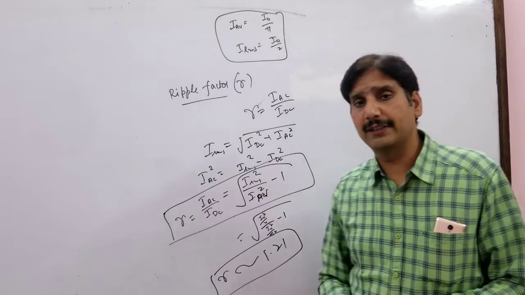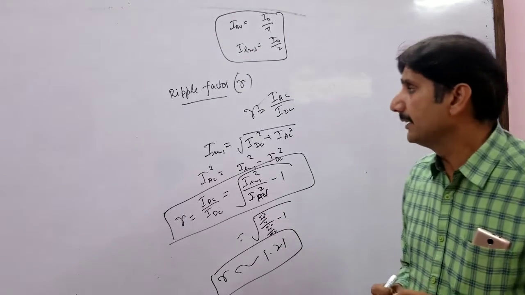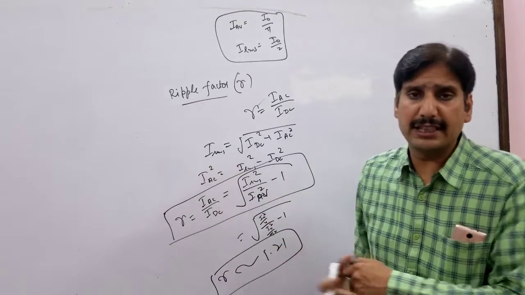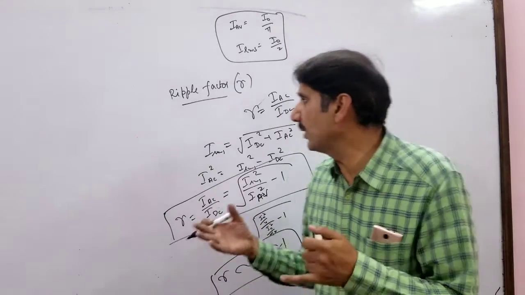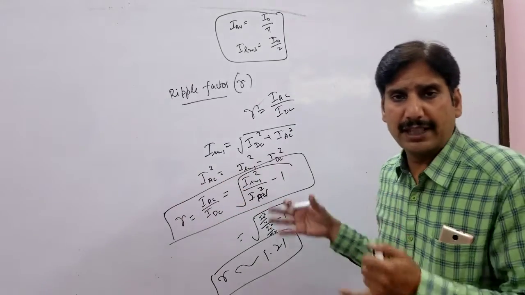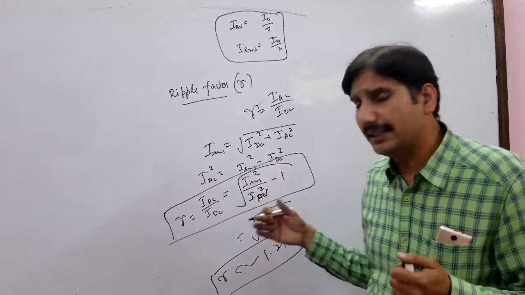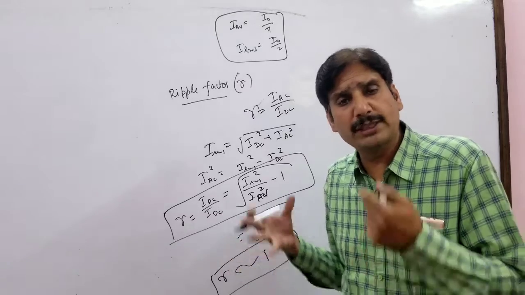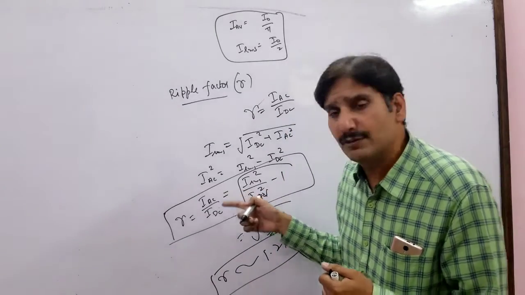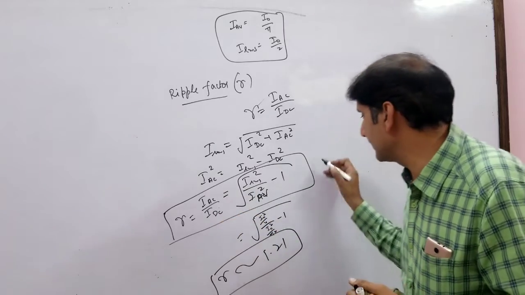for half wave rectifier. So what we have obtained, that we tried to convert that bidirectional component to unidirectional component, AC to DC, and we got an output which was a particular kind of waveform. Then we wanted to see how much AC component is present at the output, and the ratio of AC component to DC component at output is still greater than 1.